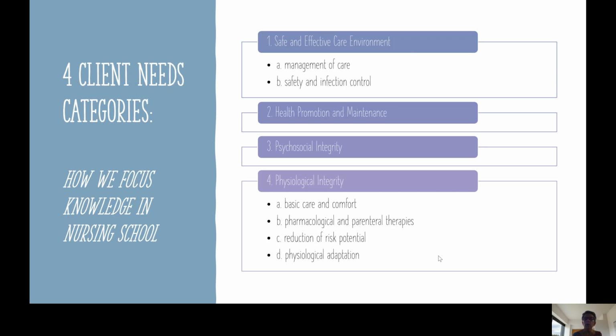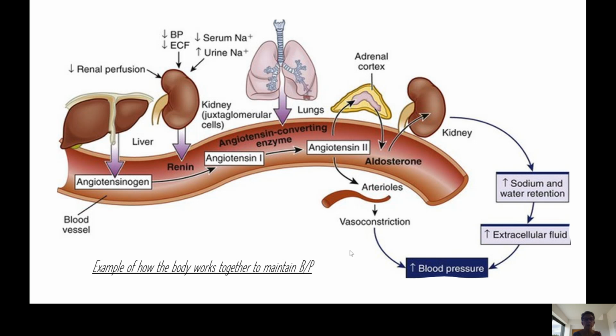For this particular chapter, chapter 65, on page 1321, the learning objectives are broken down into these 4 categories: safe and effective care environment, health promotion and maintenance, psychosocial integrity, and physiologic integrity. This is how we are going to approach each of our body systems as we go along.